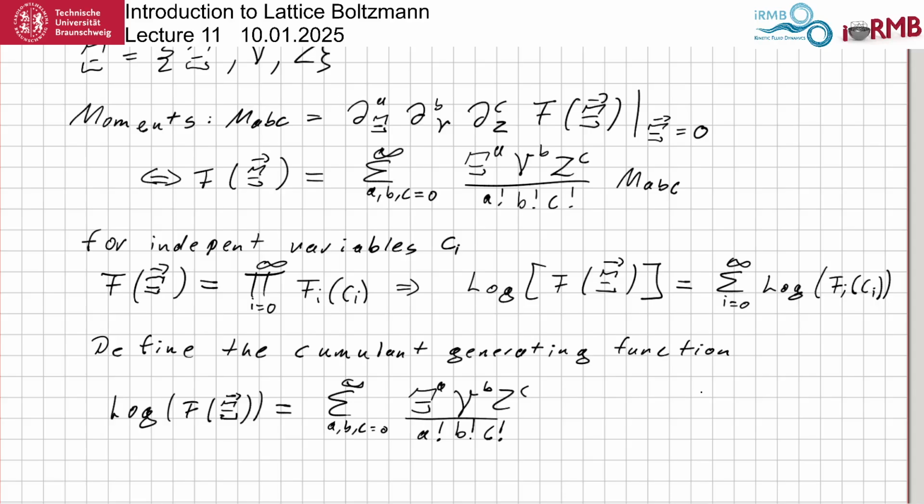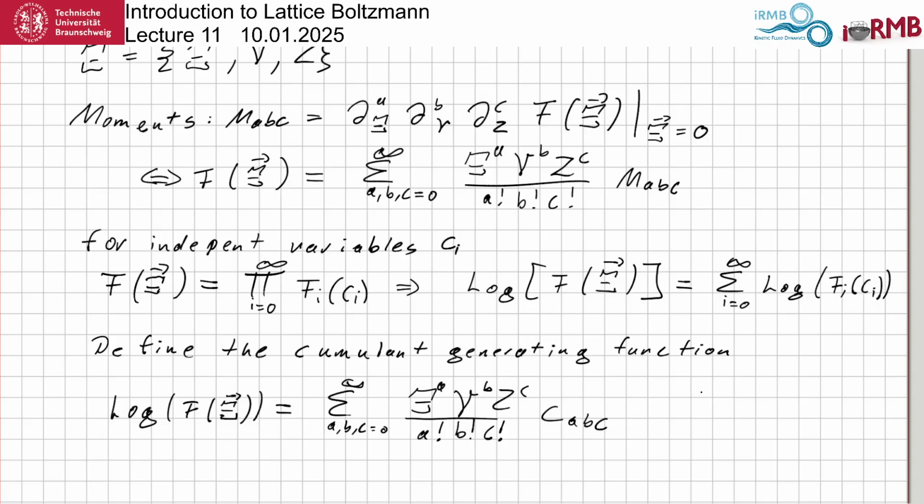So we propose that the logarithm of the moment generating function can also be developed in terms of some quantities, and these quantities, by means of the definition, will then be independent of each other. Yeah?